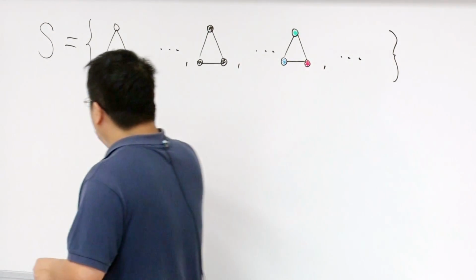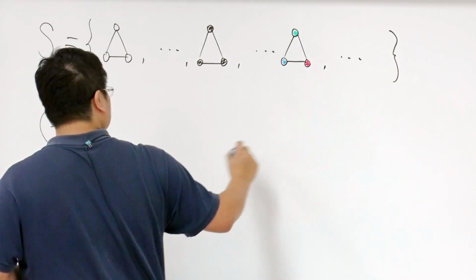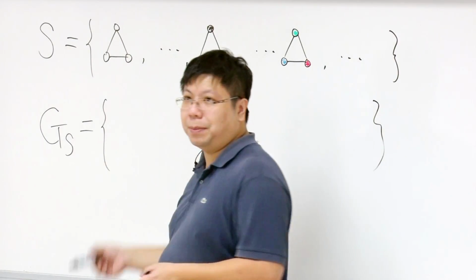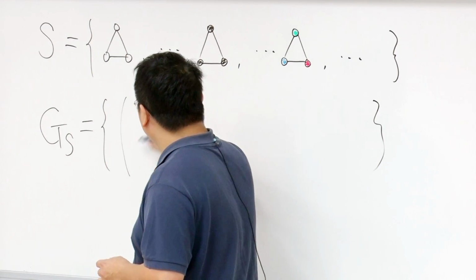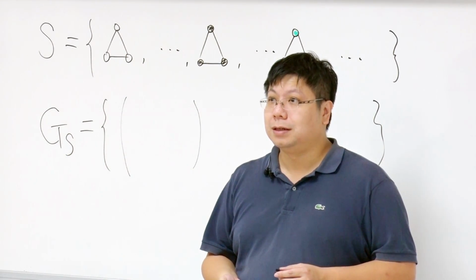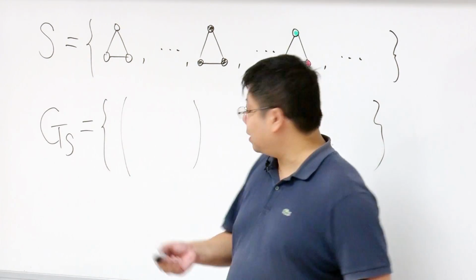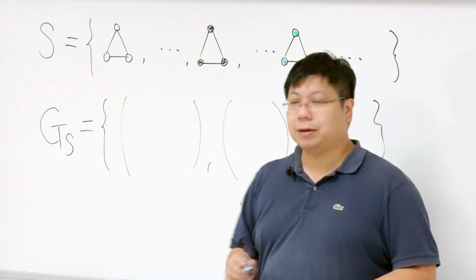So let's talk about the G of this S now. How many permutations should we consider? There should be an identity, right? What else? There should be one for rotating 120 degrees.